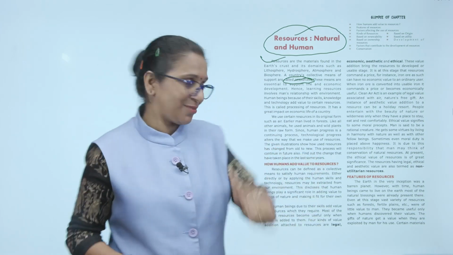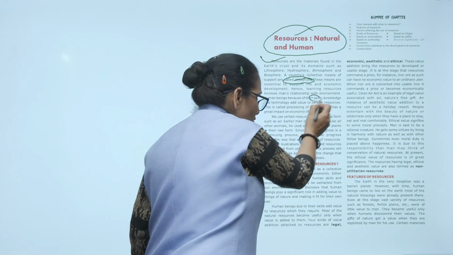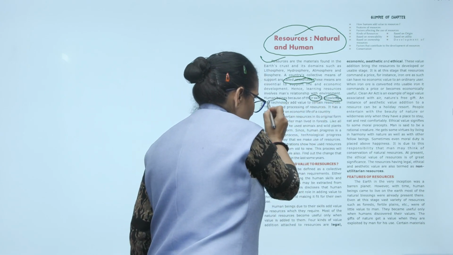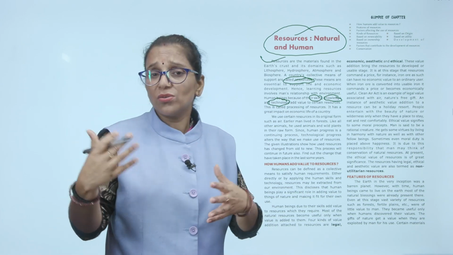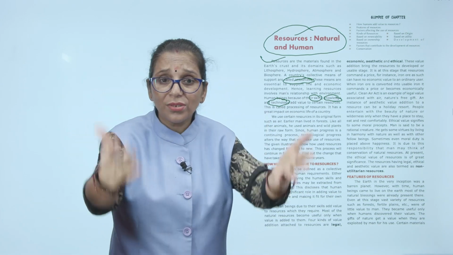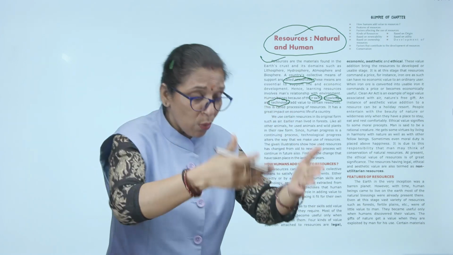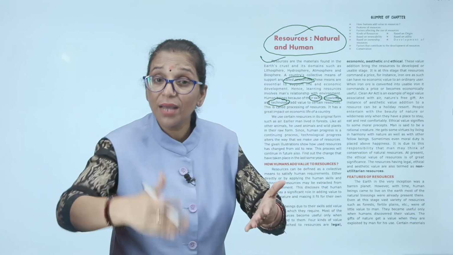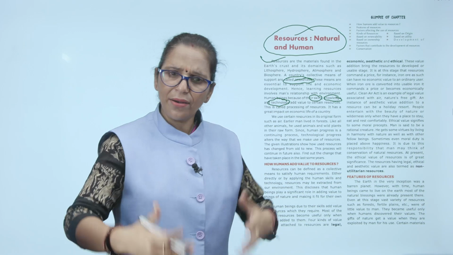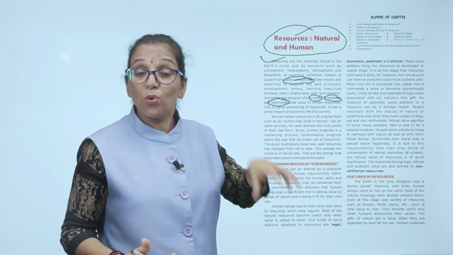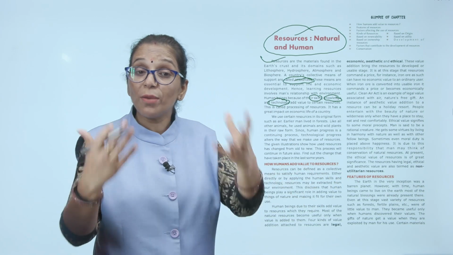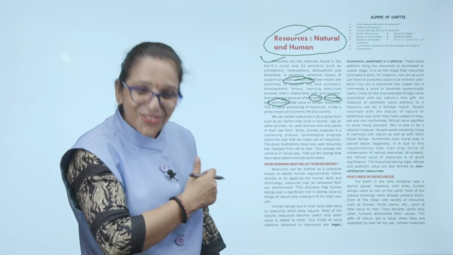We need skills, we need knowledge, we need technology. Otherwise, we cannot convert anything into a resource if we don't have knowledge of how to use it, we don't have the technology, what processes are there to convert them into useful things, and our skills. These things collectively convert the thing into a valuable thing that is known as a resource.